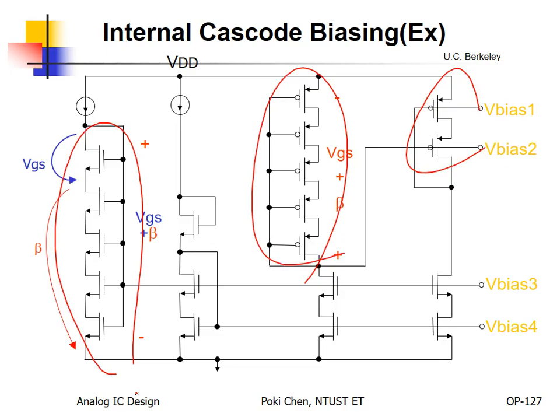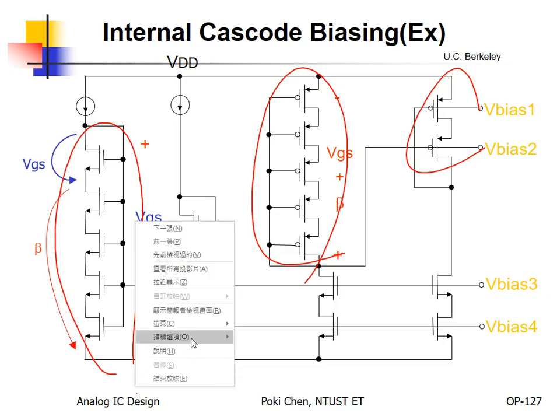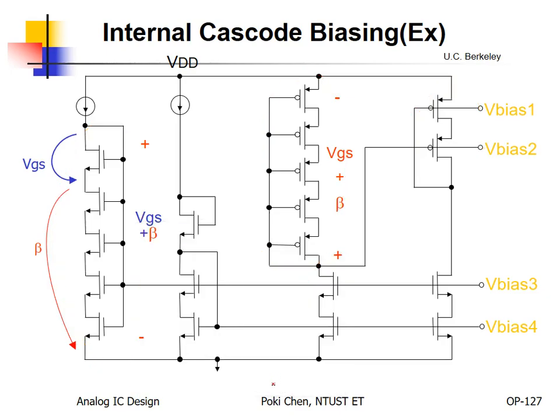Bingo. That's it. What does it mean? Many, I mean more than one, multiple transistors connected in series instead of in parallel. Then you can see only the first in saturation.